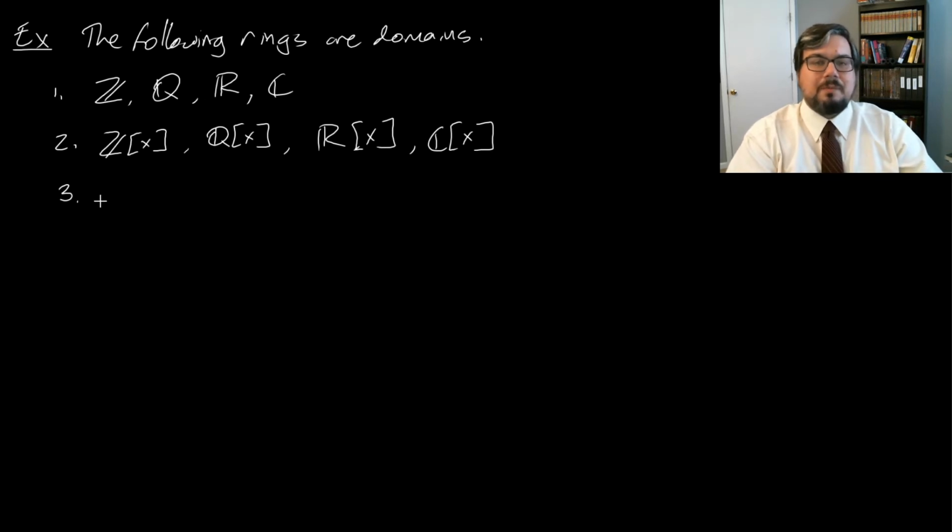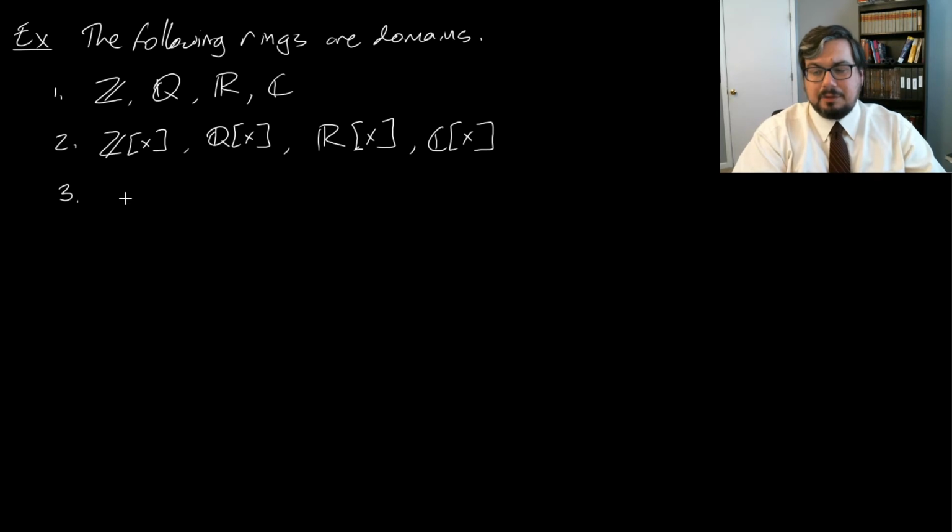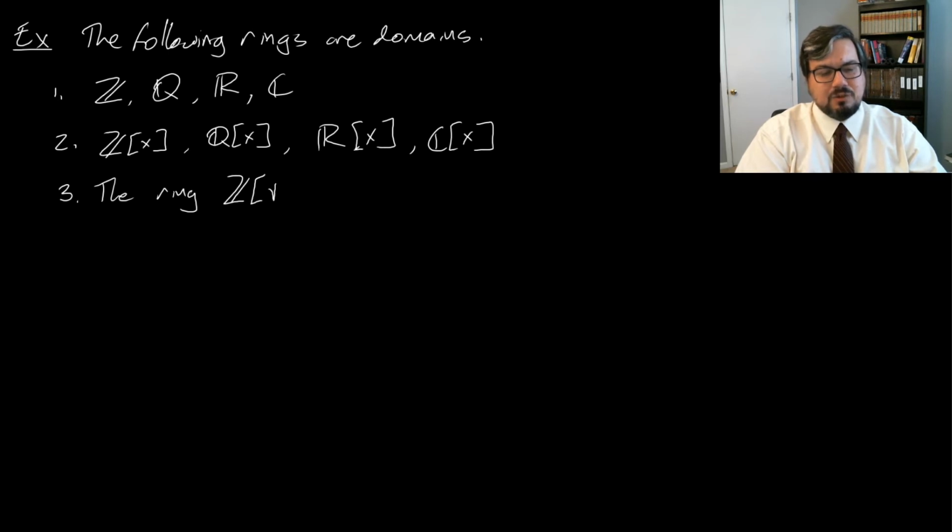One that shows up a lot in number theory and other various places is the ring Z adjoin square root of n.